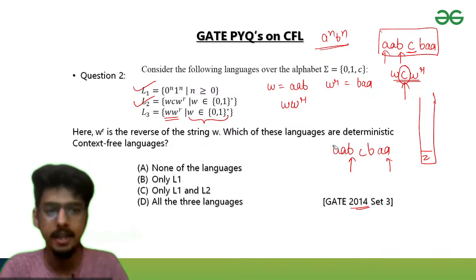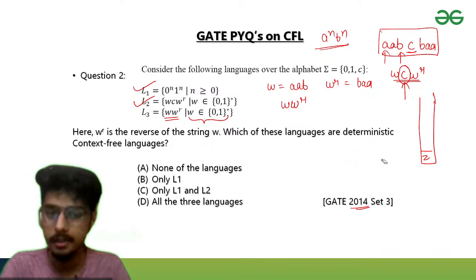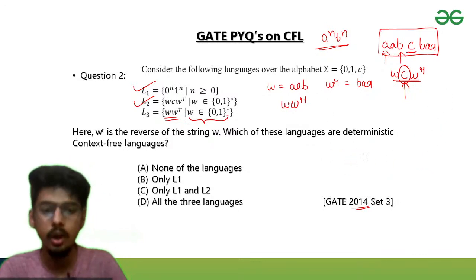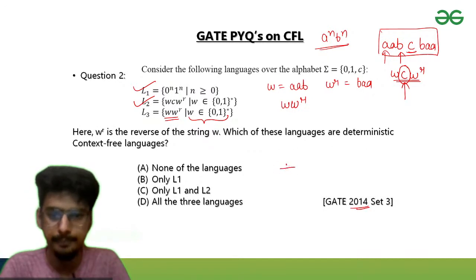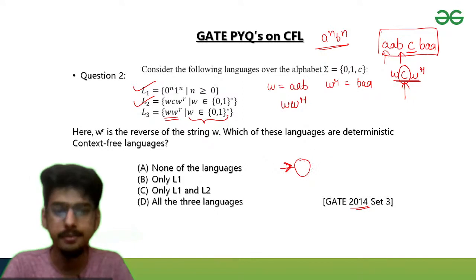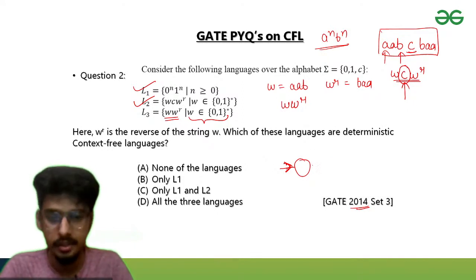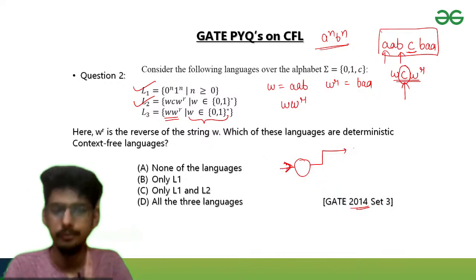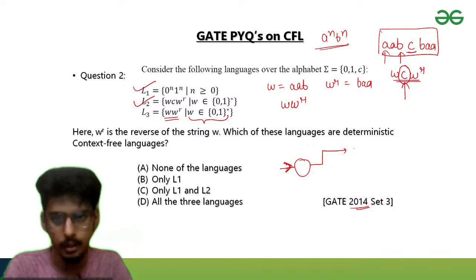So basically you will have a non-deterministic PDA for this. How? This will be your initial state. I have already discussed this quite a lot of times, but anyway. One path will be the case in which you assume that you have reached the middle of the string.